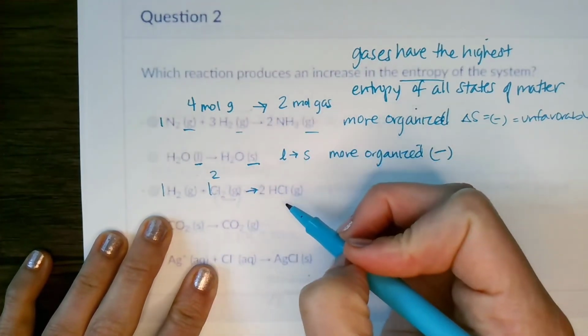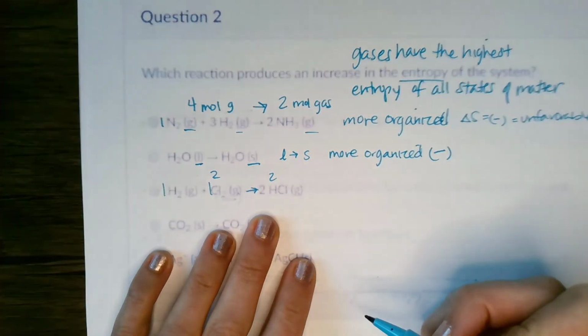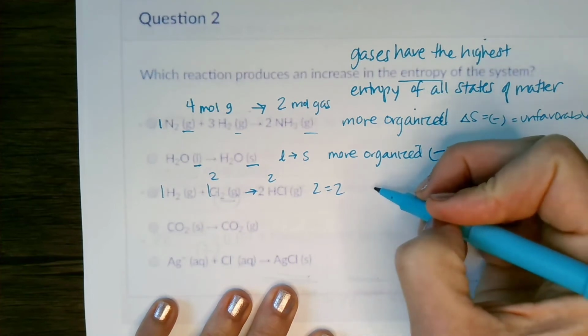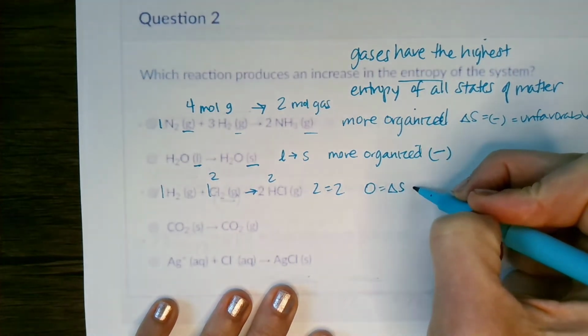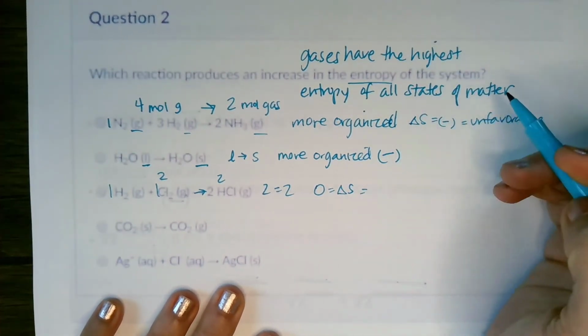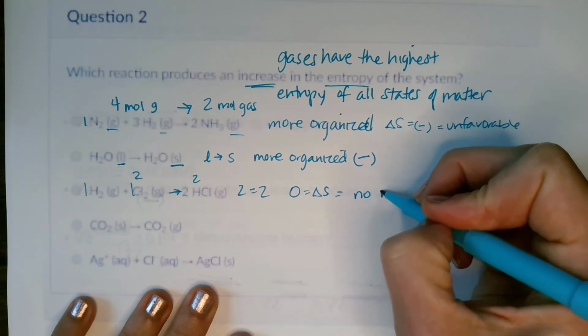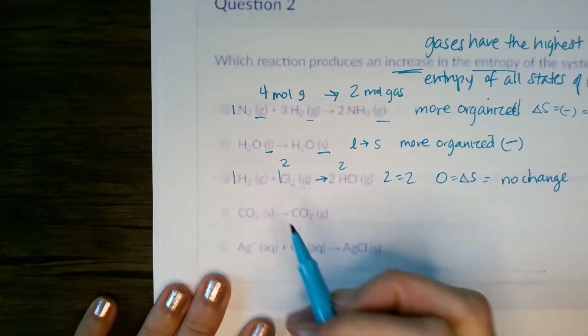I've got 1 mole of gas plus 1 mole of gas, so 2 moles of gas. And over here, I have 2 moles of gas. So 2 is equal to 2, and they're all in the same state. So I'm going to say that the entropy change is equal to 0. No change there, so it's not an increase.